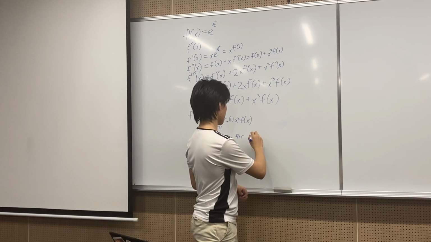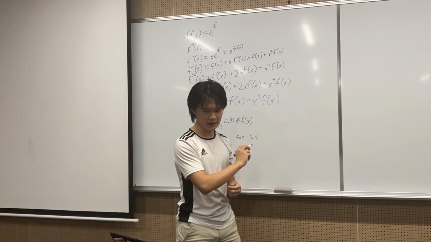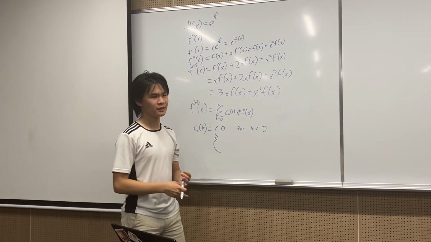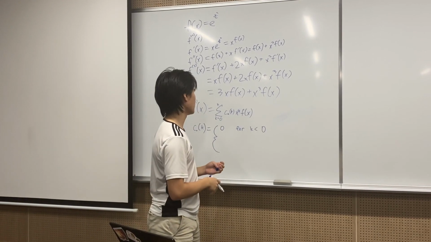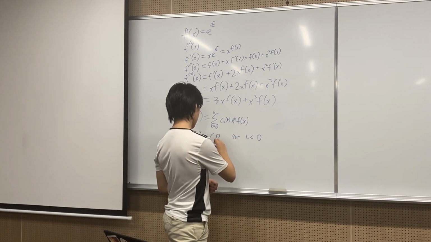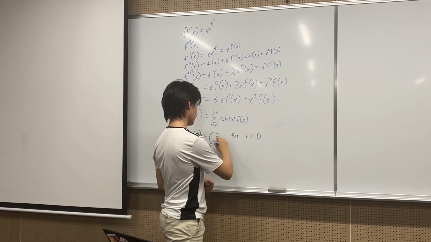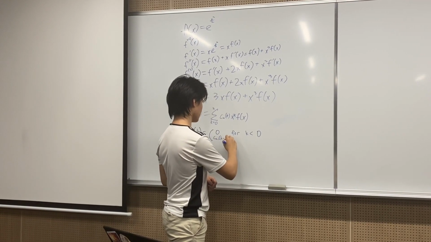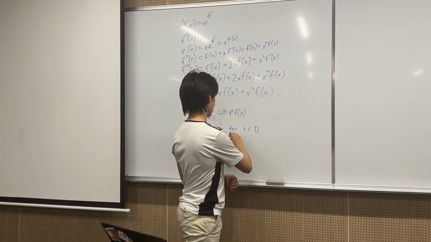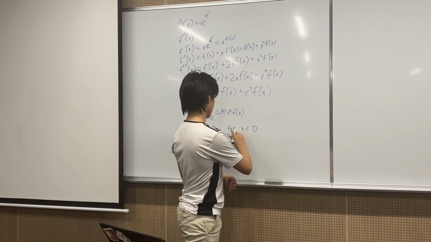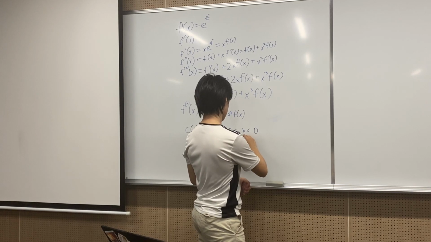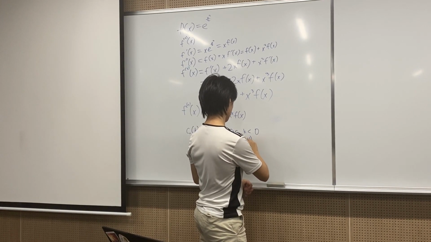For k less than 0, just to keep it generalized to all integers, and then c sub n minus 1 of k minus 1 plus k plus 1 times c sub n minus 1 of k plus 1.